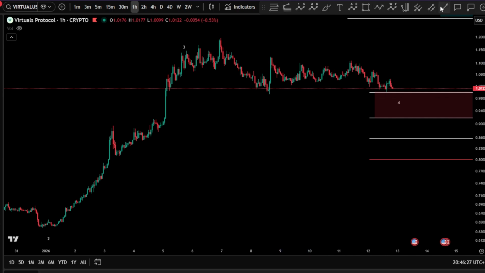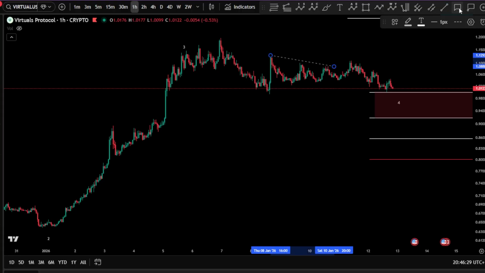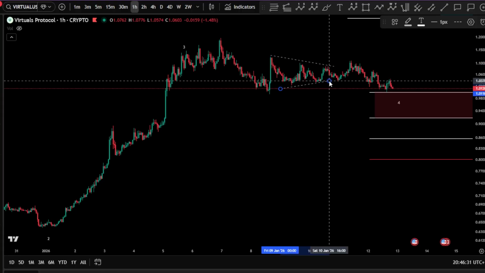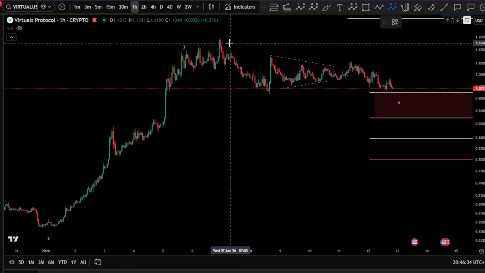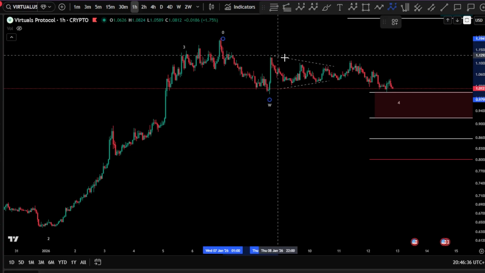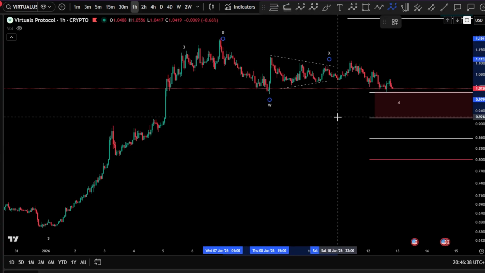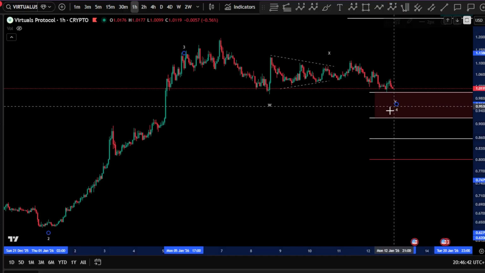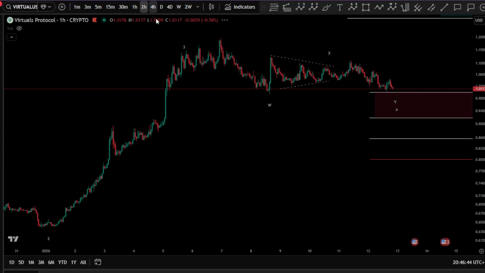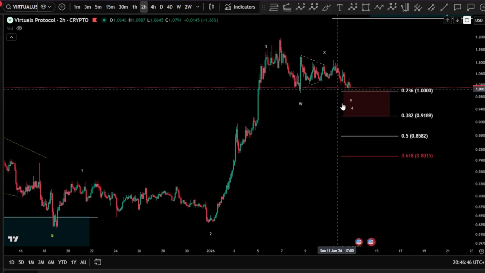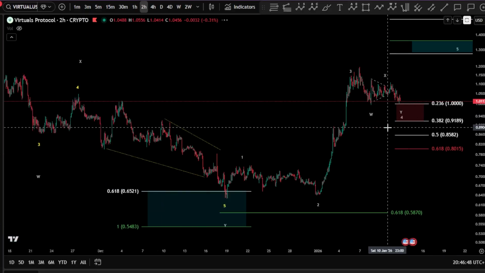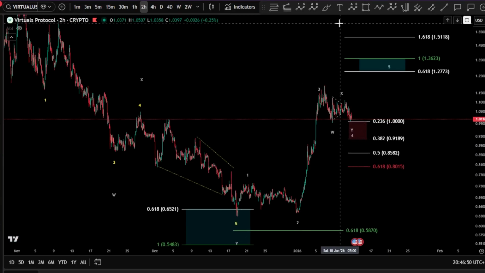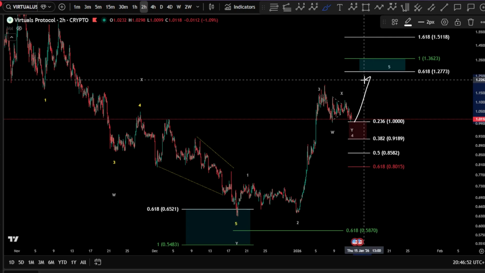So what does it mean? It means that this might be, of course, your triangle there, and you have a very small A, B, C, W, your triangle as an X, and an A, B, and a C expanding flat here as a wave Y. And that means, of course, it might take the wave 4 target and timing, perfect timing, by the way, and then, of course, start the push toward the upside.